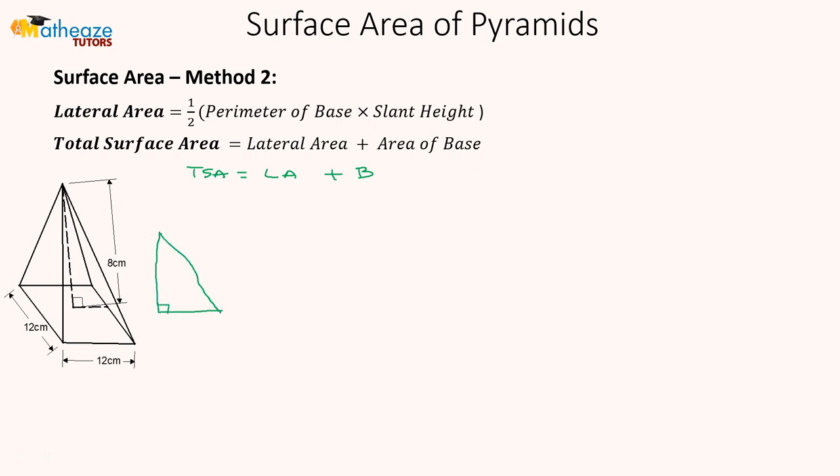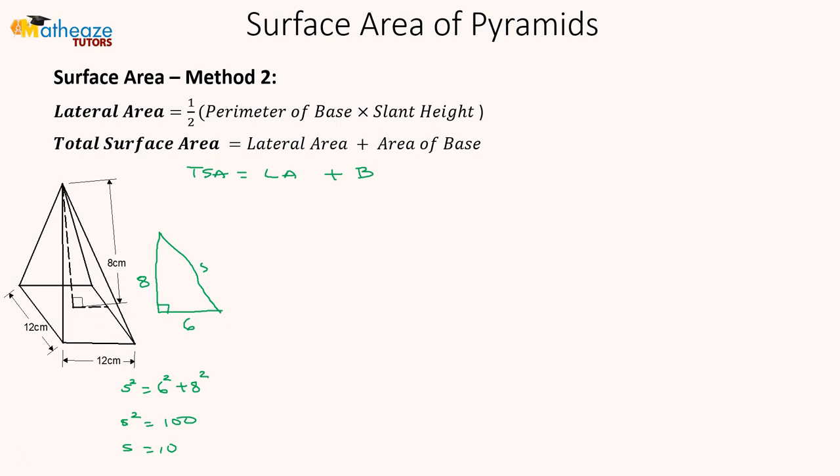The dimensions of the right triangle are going to be 6 and 8. And so this is our S right here, the slant height. By the Pythagorean Theorem, S squared equals 6 squared plus 8 squared. And like we showed earlier, S squared is equal to 100. So S is 10 units.